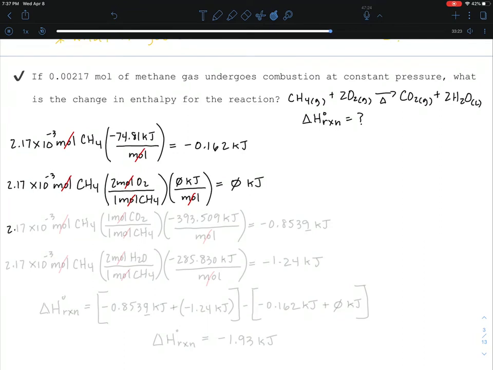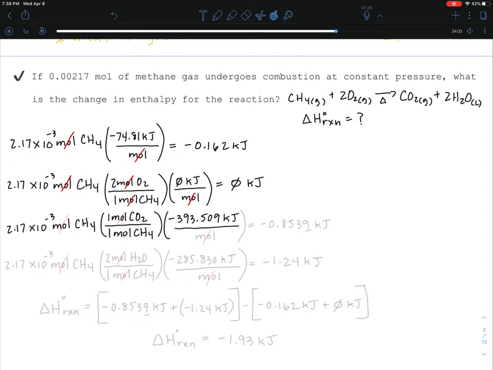If I start out with 2.17 times 10 to the negative 3 moles of methane, and I look at the balanced equation, I see that 1 mole of carbon dioxide is formed when 1 mole of methane is consumed. And then I have a value, right, for the production or the formation of carbon dioxide gas per 1 mole is negative 393.509 kilojoules.